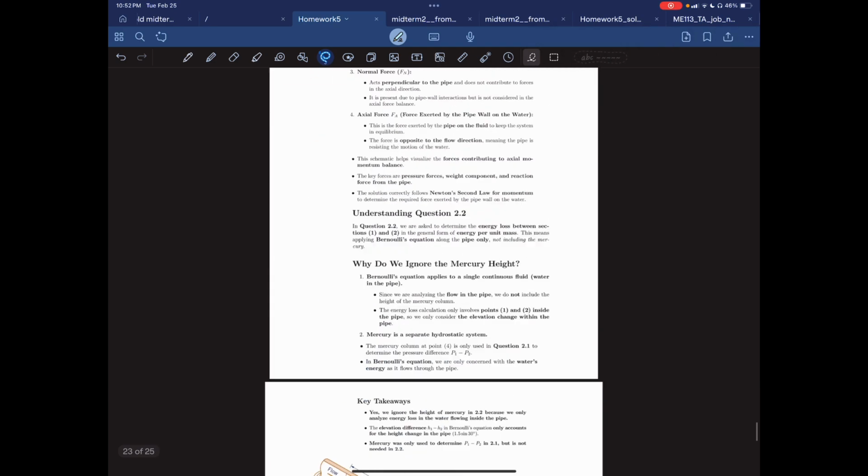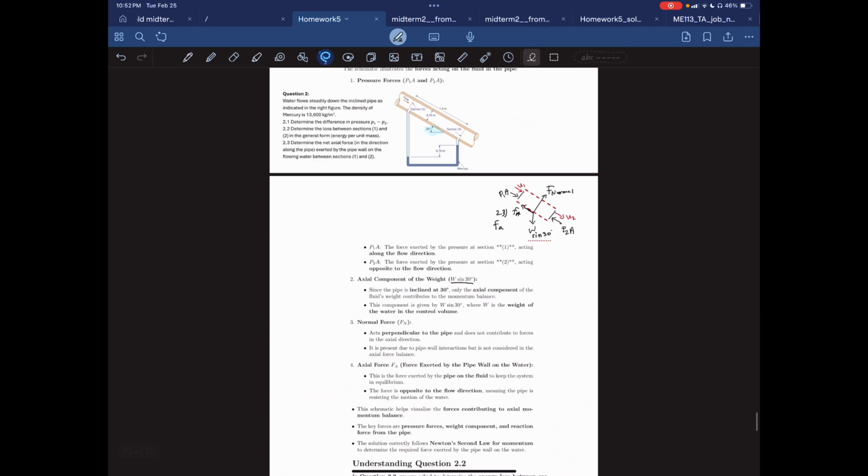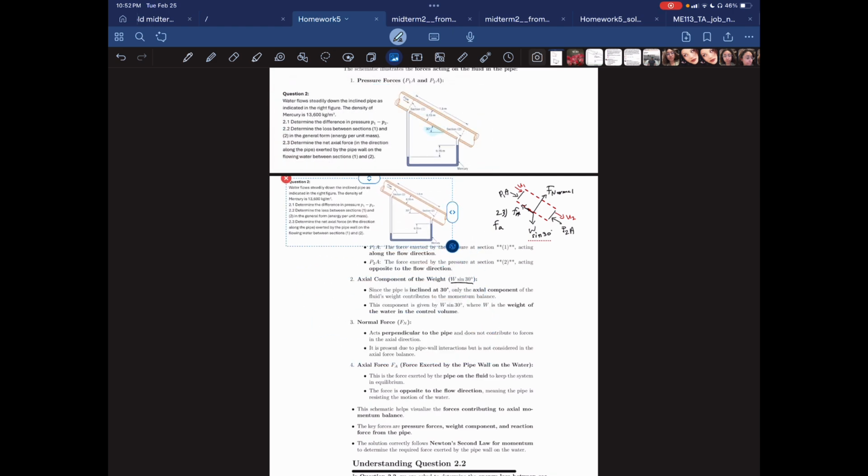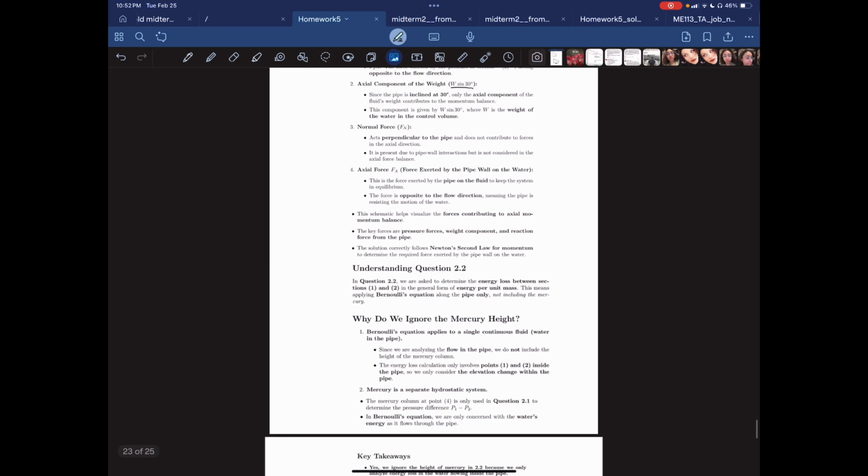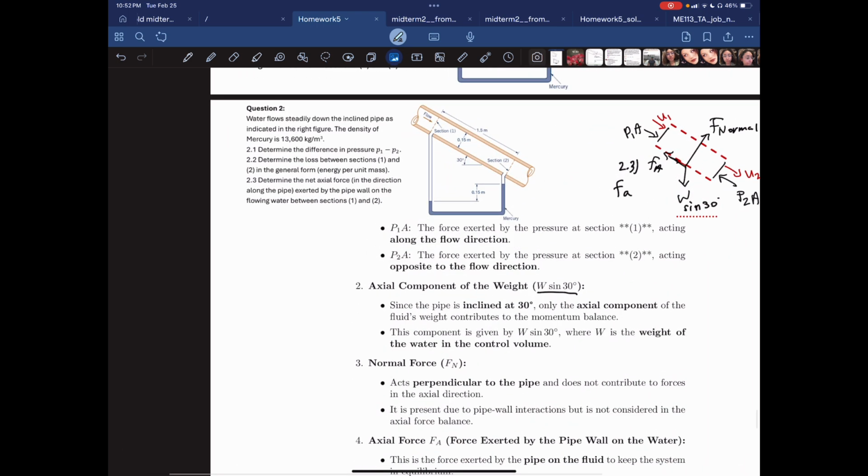Okay, so 2.2 right here. We are trying to find this for 2.2 and then 2.3, trying to find FA.